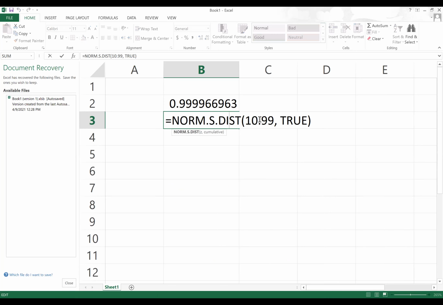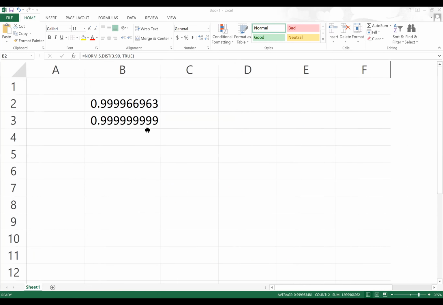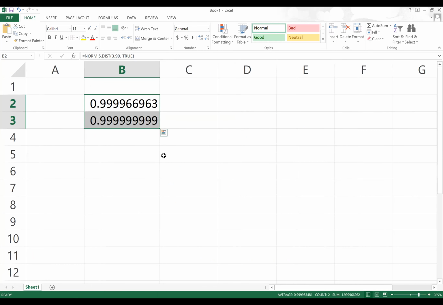Okay, and maybe let me be less dramatic and let's say 5.99. Then you'll be able to see that. You see, they do differ a little bit, but not too much, right? That's why the table is just rough. It's not 100% accurate, but again, without using technology, the table is the most accurate source, right?